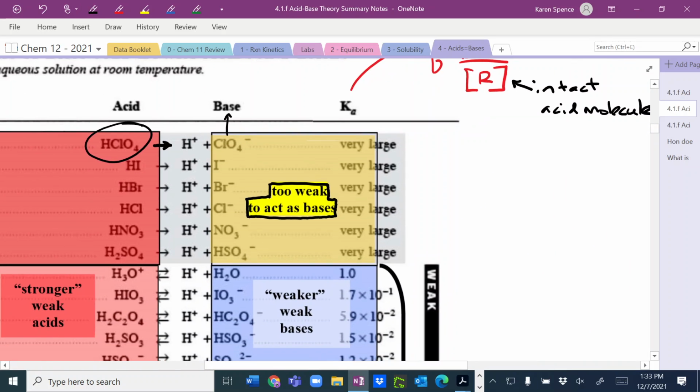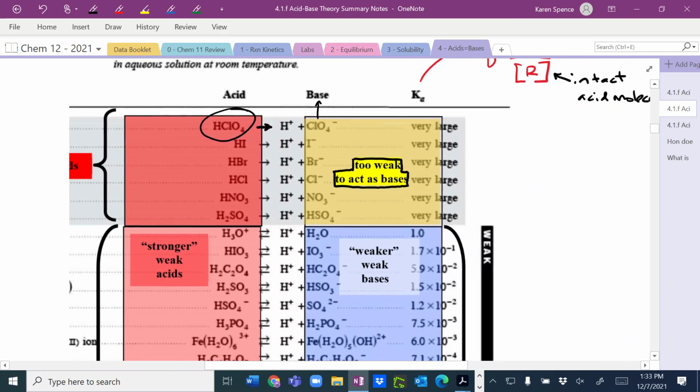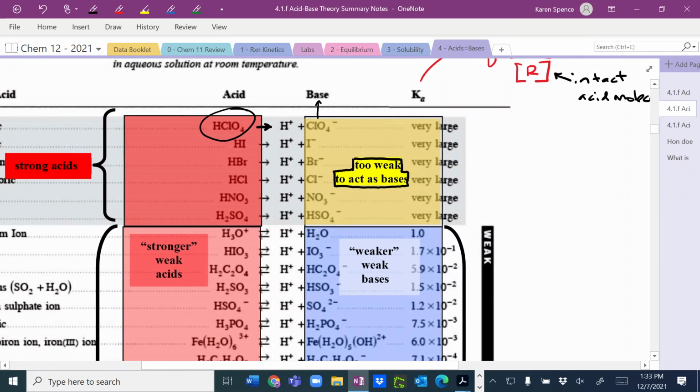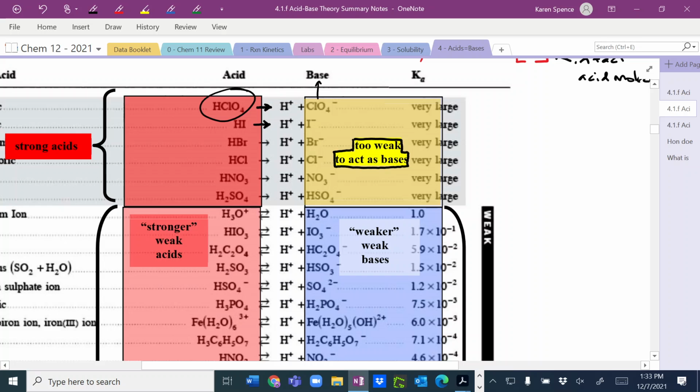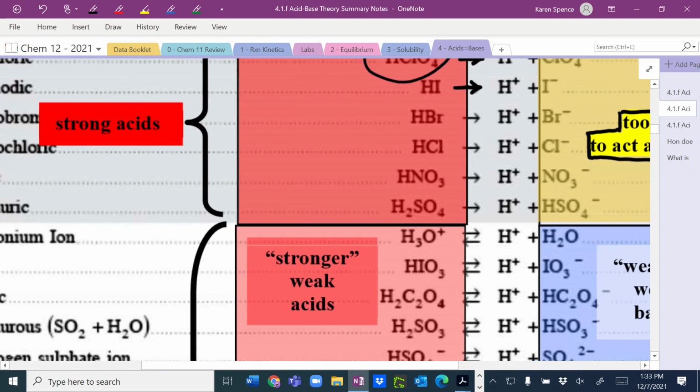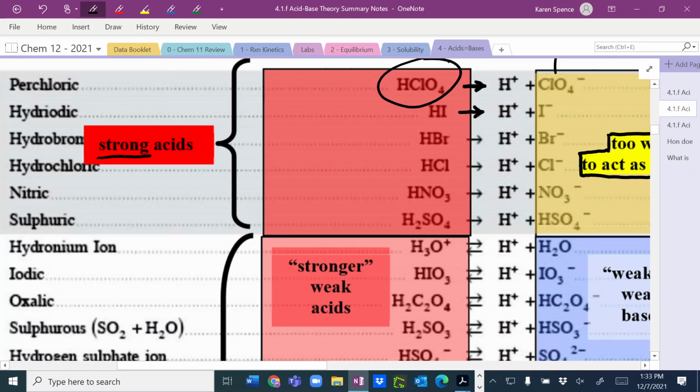Okay. Now, once we get out of this area, oh, and by the way, anything that dissociates completely is known as a what? What kind of acid? Strong acid. Okay, so up here in this gray zone, these are our strong acids.